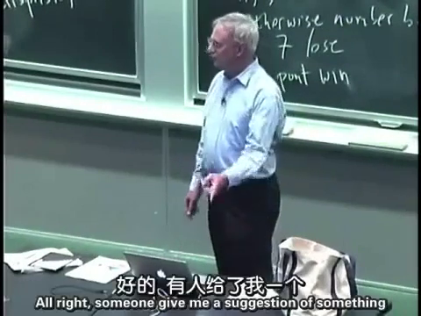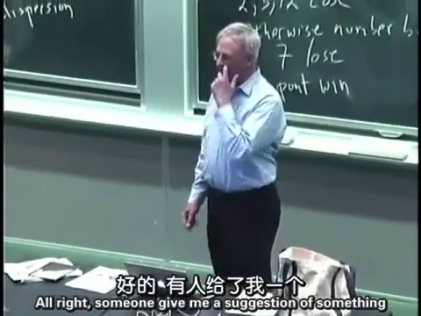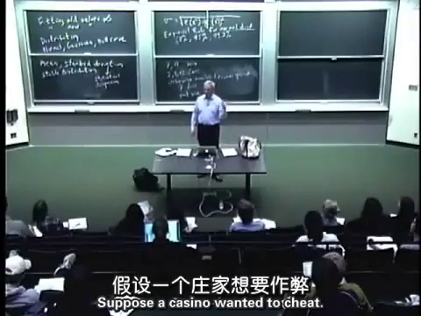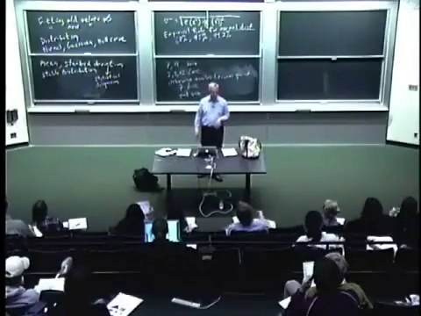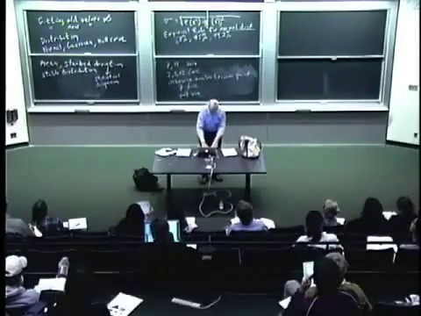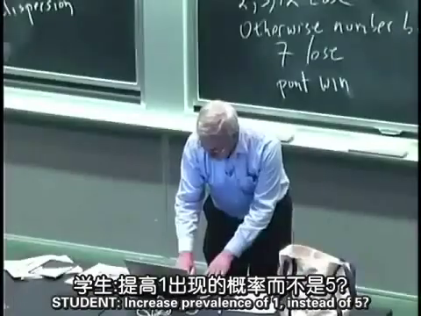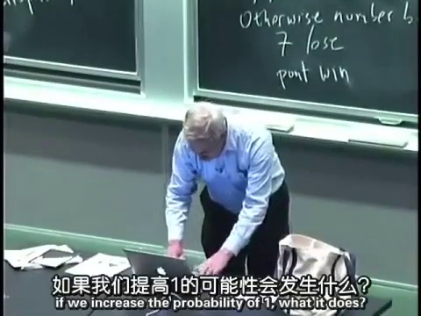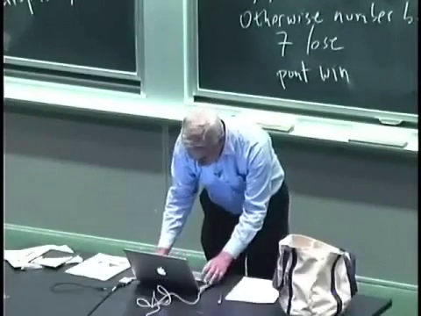All right. Someone give me a suggestion of something that might work in the house's favor. Suppose the casino wanted to cheat. What do you think would help them out? Yeah. Increase prevalence of 1 instead of 5. All right, so let's see if we increase the probability of 1, what it does.